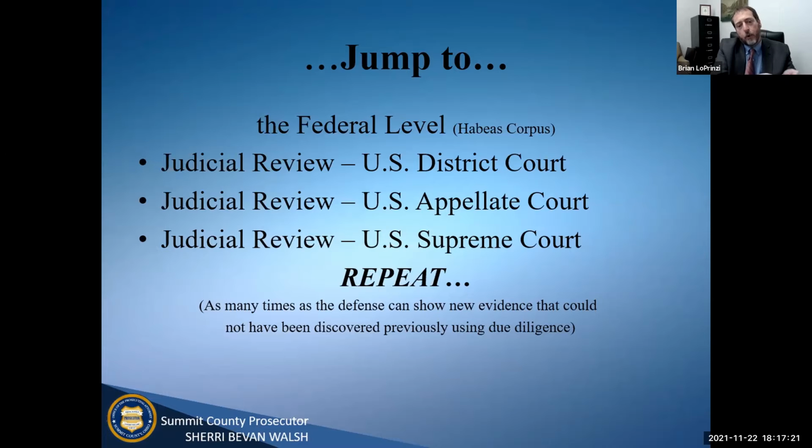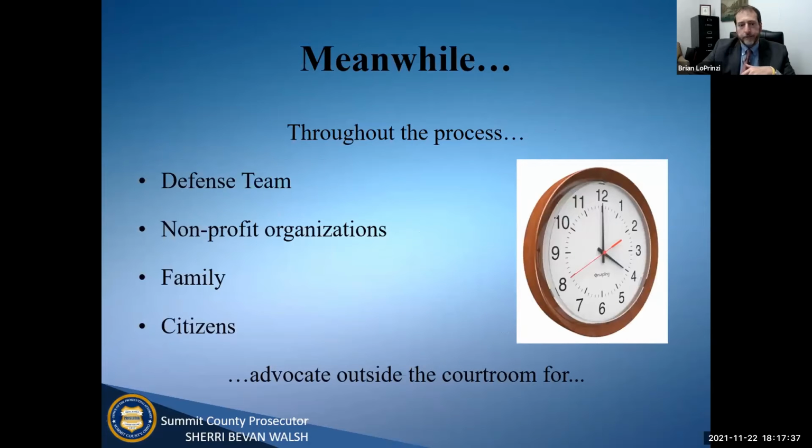And then they say, well, we didn't know about this fact, or we didn't know about that, or here's a new witness that we didn't hear at trial. And so they have the opportunity to have repetitive appeals for that reason. All right. That's the legal process. And that continues on until finally there's no more issues to be brought before the court.